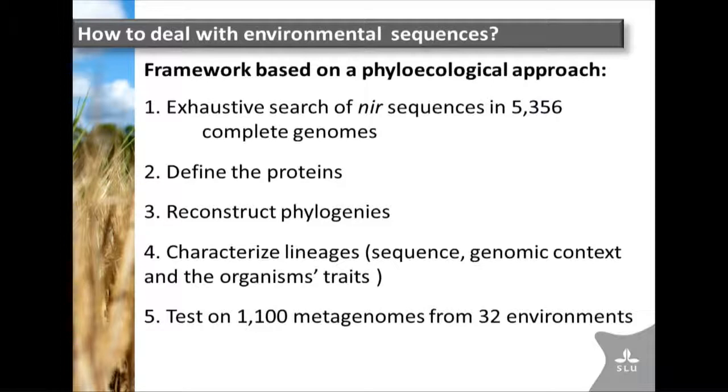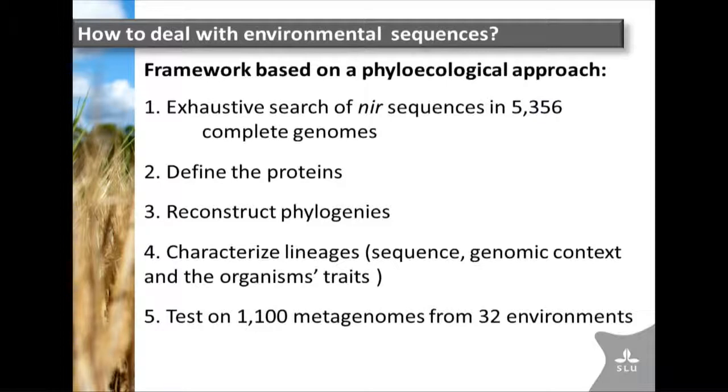And this is not so easy, it's rather complicated. Then the phylogenies were reconstructed to have really robust phylogenies so that we can map our environmental sequences to them. And then we characterize the lineages, depending of course on the sequences, but also the genomic context and other traits that the organisms may have.